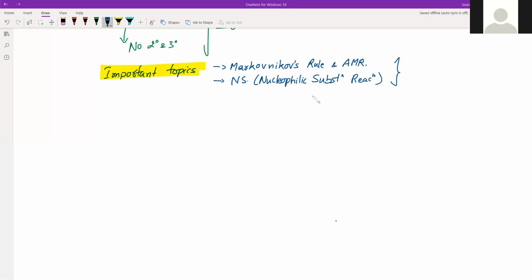One of the ways of preparation of these halogen compounds is by addition to unsymmetrical alkenes.